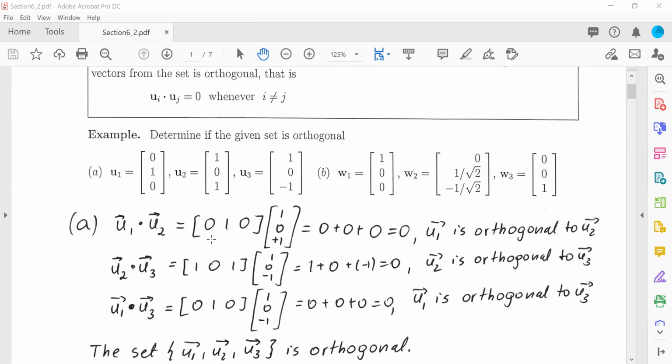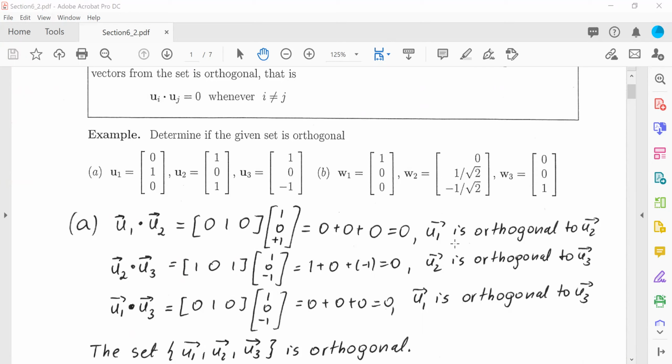We take the transpose of the first vector times the second vector. So 0 times 1 is 0, and then 1 times 0 is 0. We add them, and 0 times 1 is 0. So this is equal to 0. Since the dot product is 0, the vectors are orthogonal.